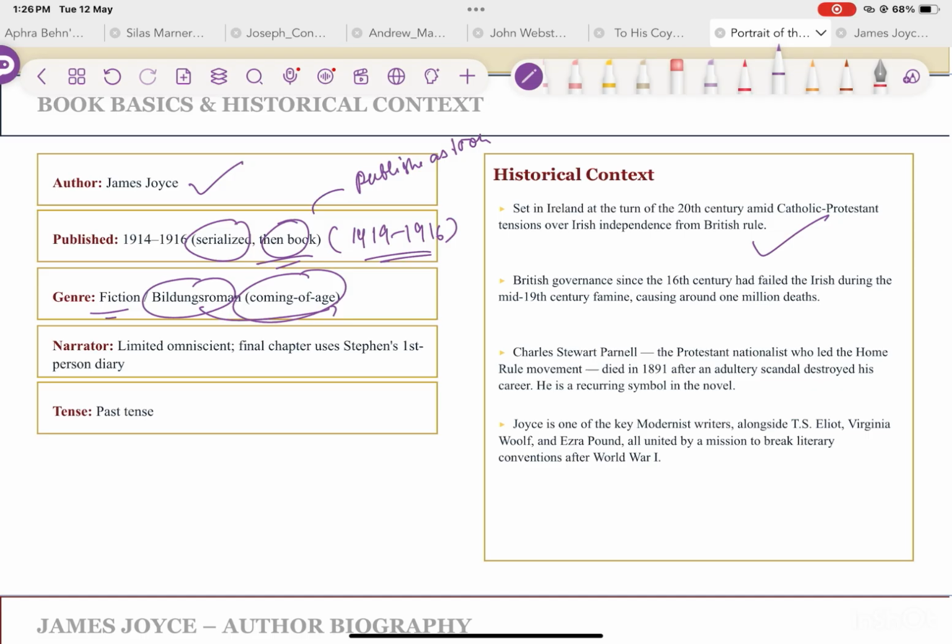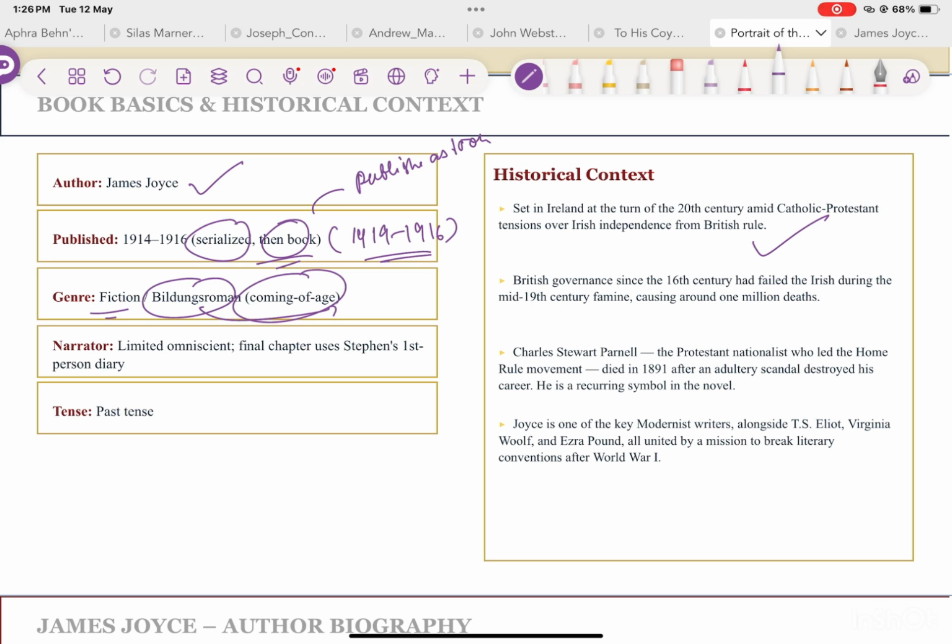One was Catholic, the majority of Irish people, and many wanted Irish independence. The Protestants were often the British authority and government at that time. Ireland was colonized by England, and the British authority were Protestants. And these religious divisions were not only about faith, but also about politics, identity, and social status.